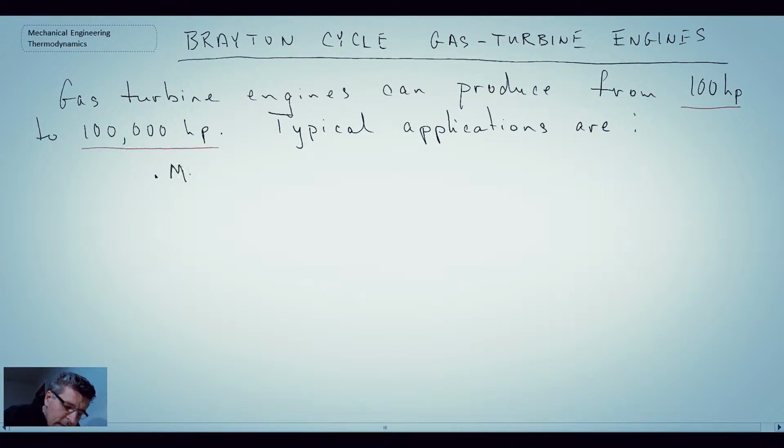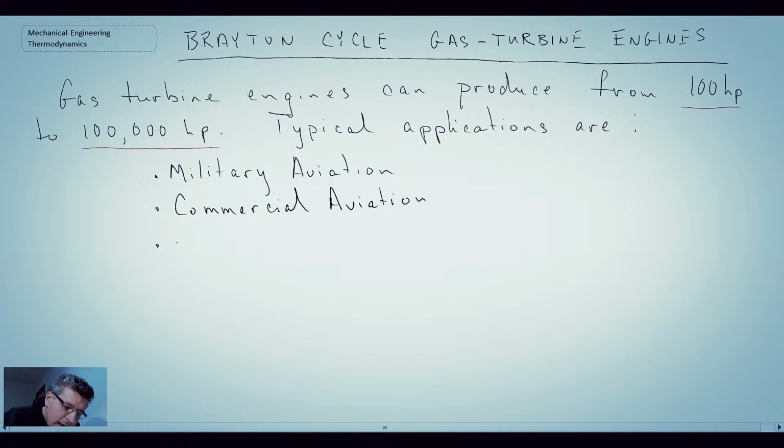It was actually military aviation that drove the development of the gas turbine engine back in the World War II era. Today, although they are used quite extensively within military, they are also used within commercial aviation.